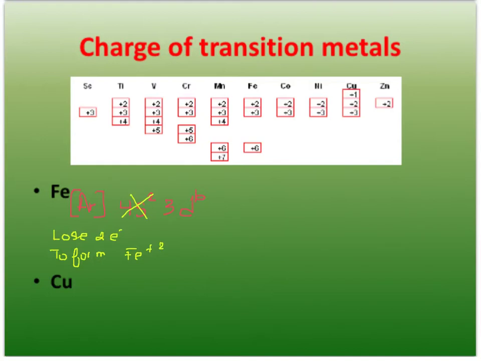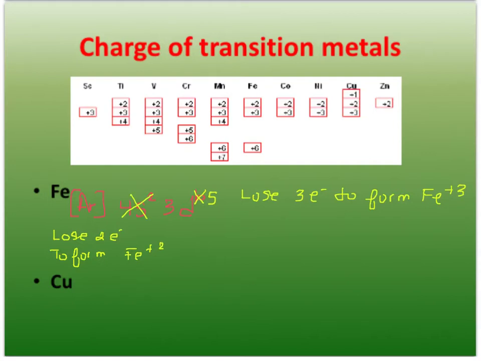Now we can also lose a 3rd electron. So it's going to lose one from here, from the d. d now becomes 5. So you can lose 3 electrons to form the ion Fe+3.